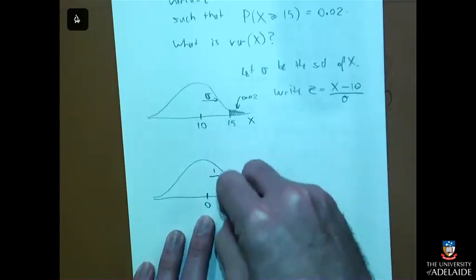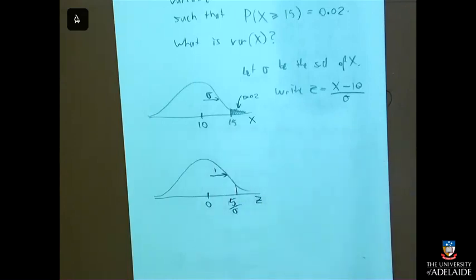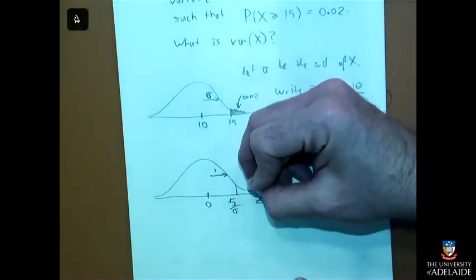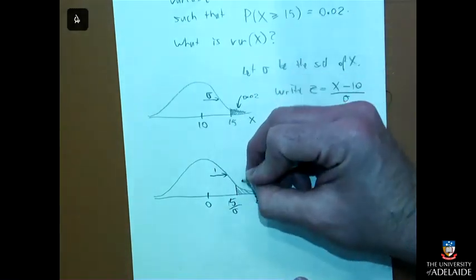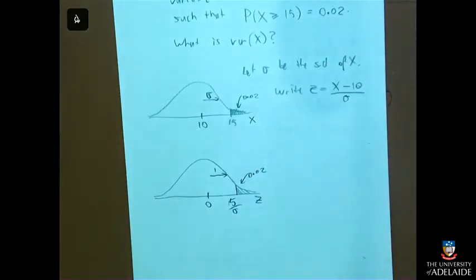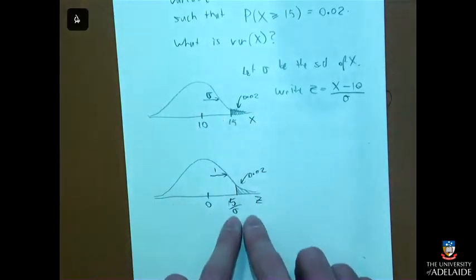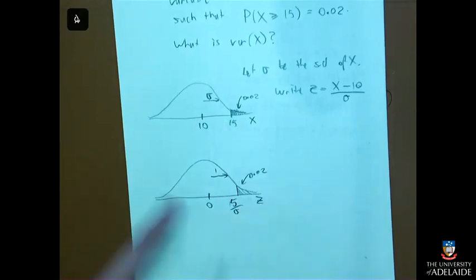So 15 minus 10 would be 5, so this would be 5 divided by sigma, just there. And this probability is still going to be 0.02 because every x corresponds to exactly one z, and so the x's that are beyond 15 correspond exactly to the z's that are beyond 5 on sigma, and so the probabilities will still be the same.